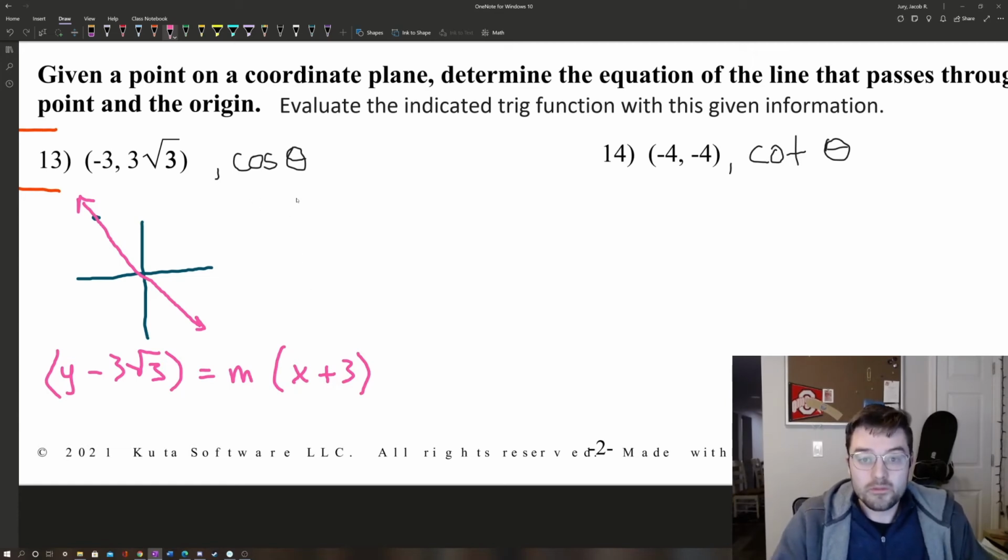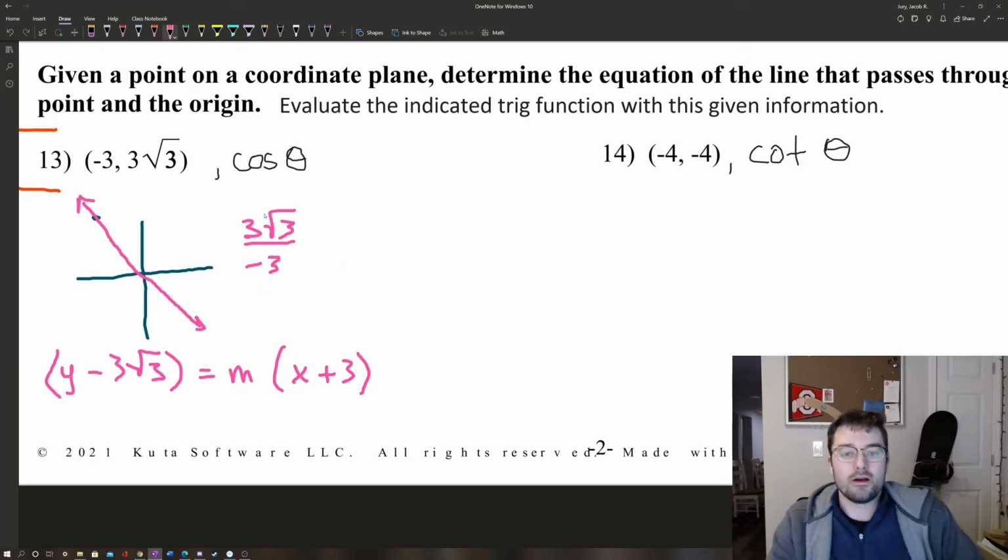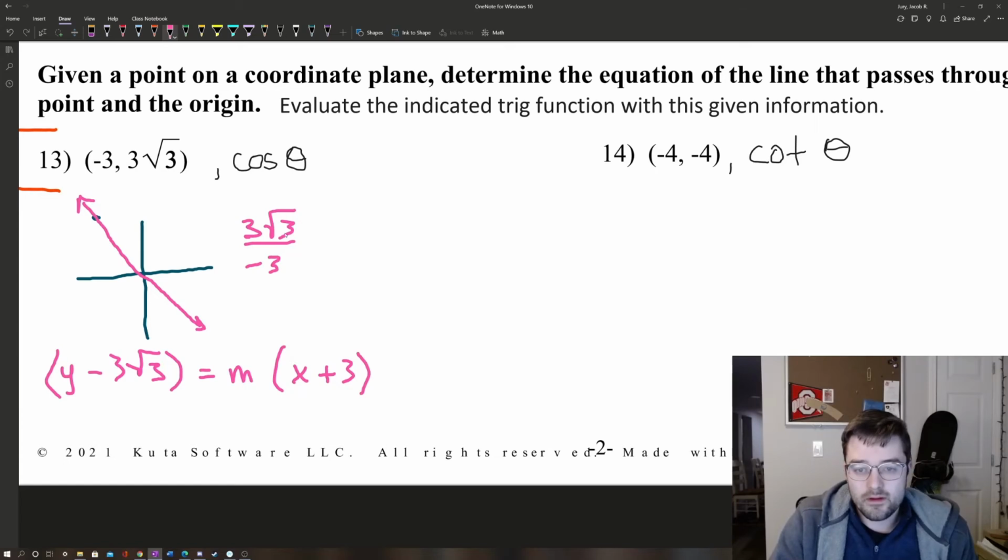And my slope is actually going to be my y value divided by my x value.